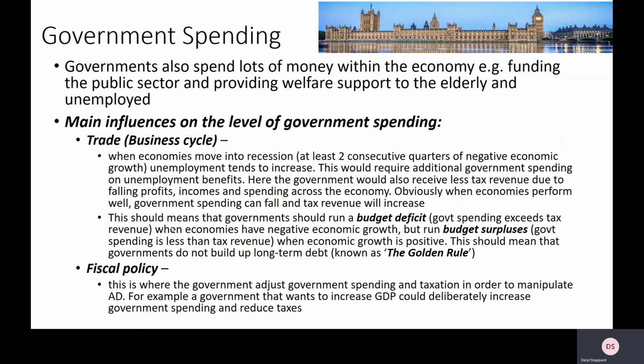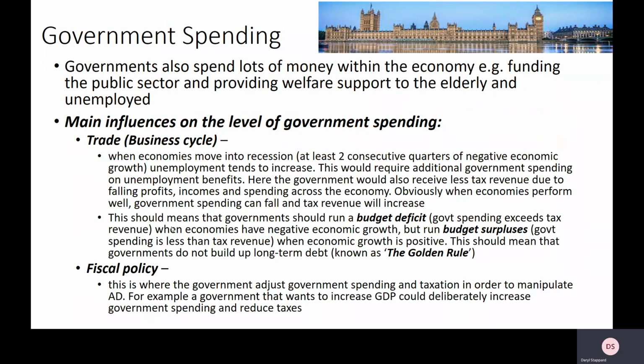It's paying for education, schools and colleges across the country, paying for road networks, transport links that are often paid for out of people's taxes. I would also include, though, subsidies to businesses will come out of government spending, but then we also have what we call welfare support. This could be paying for pensions for those that are retired, but also unemployment benefits for those that currently are out of work but actively seeking work.